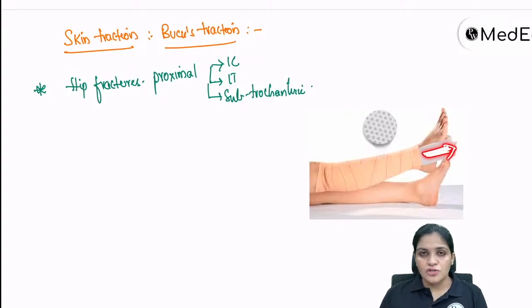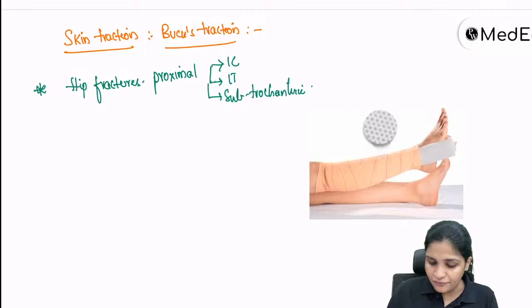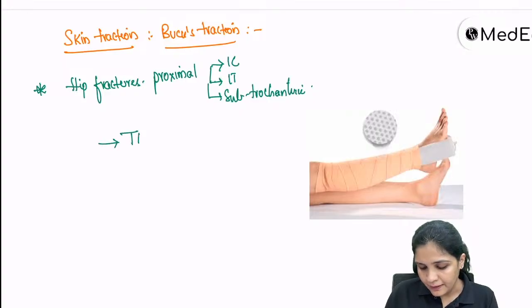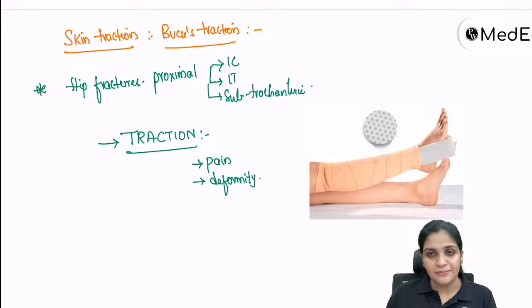So you have to put the two pads and then tie up with the crepe bandage. Why do you do this? This is mainly for giving traction. So why is traction given? Sometimes to decrease the pain, sometimes to correct the deformity.